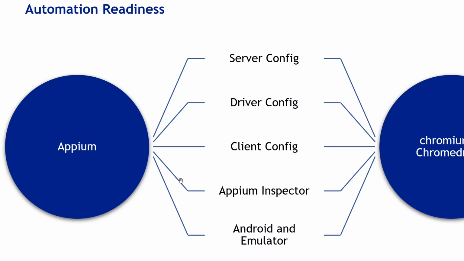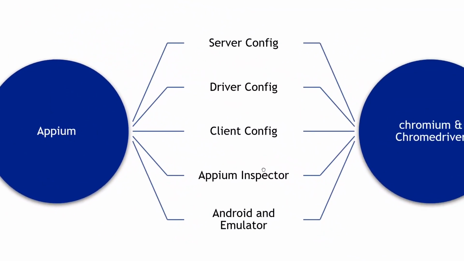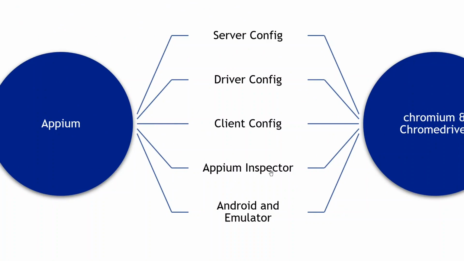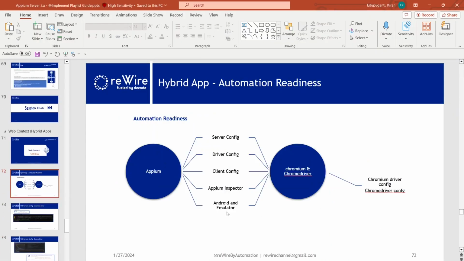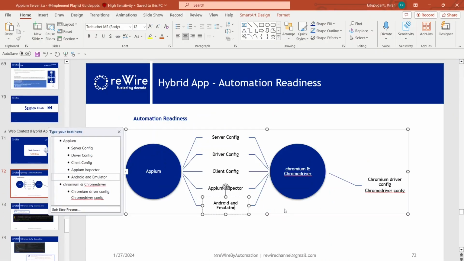And then, for Android automation, to inspect the elements we use Appium Inspector, and to run the scripts we need the Android setup and emulator configuration, right? So that is the common part over here. There is no change at all. Okay, so everything is the same, but only a few additional things are added in this one.